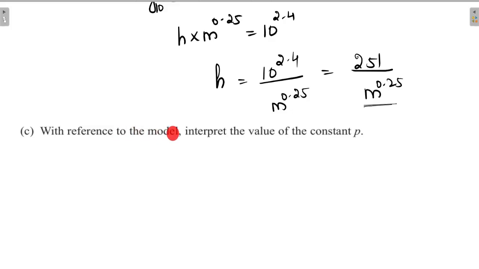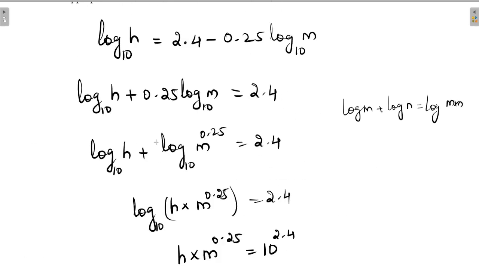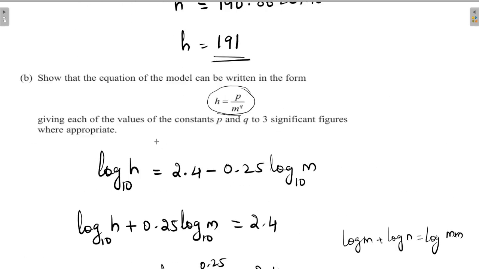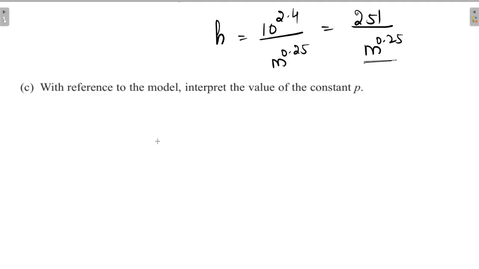With reference to the model, interpret the value of the constant p. What is our p? The previous form is given as h equal to p by m power q. Our answer is h equal to 251 by m power 0.25. The same form we have found.